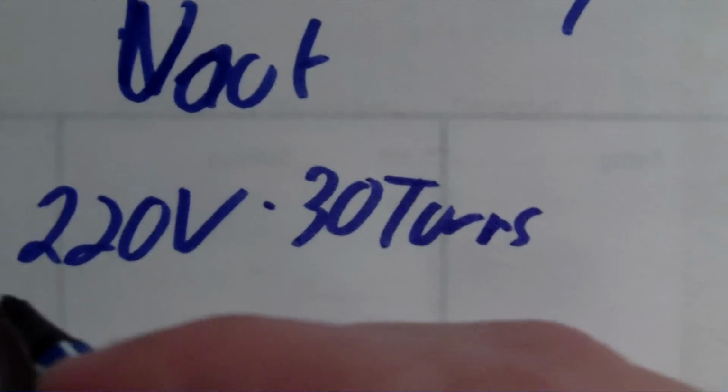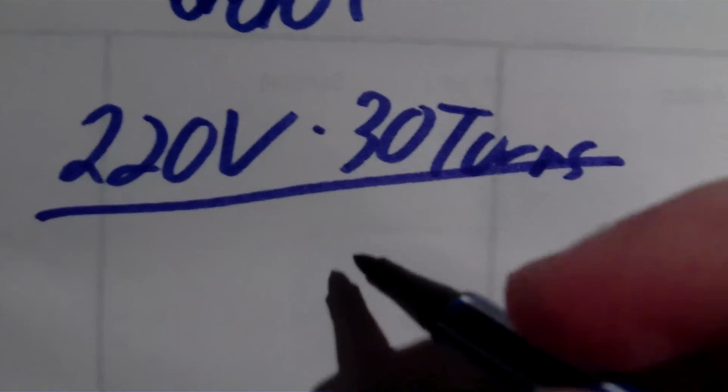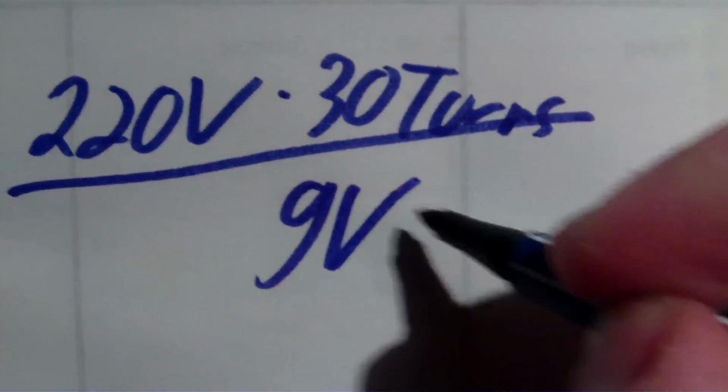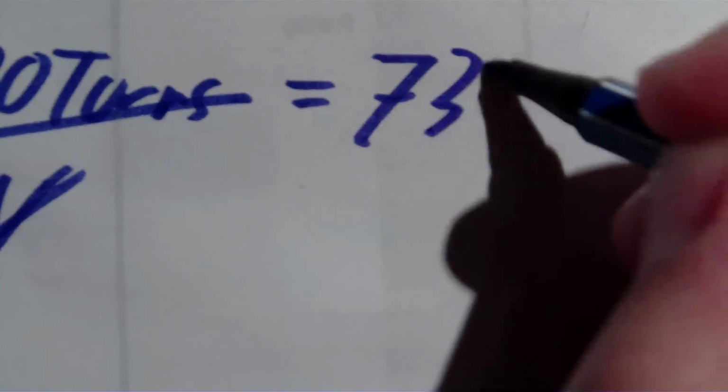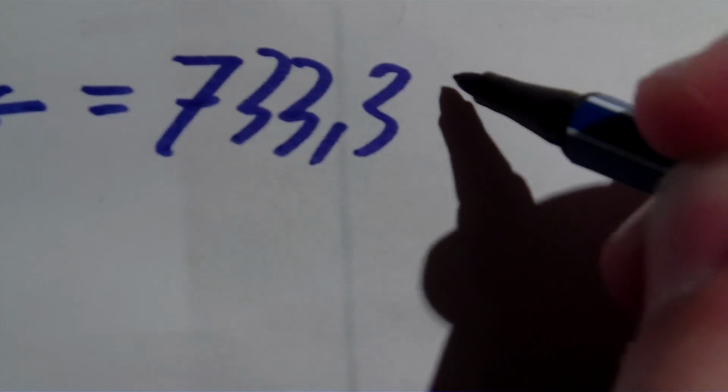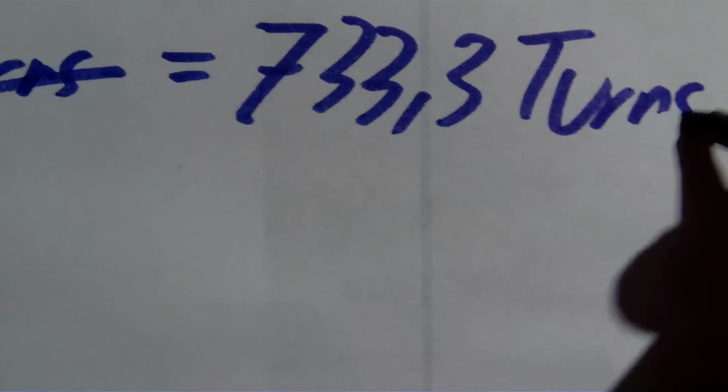So we have 220 volts times 30 turns divided by 9 volts. So volts and volts eliminated, turns is left. That gives 733.3 turns on the primary coil.